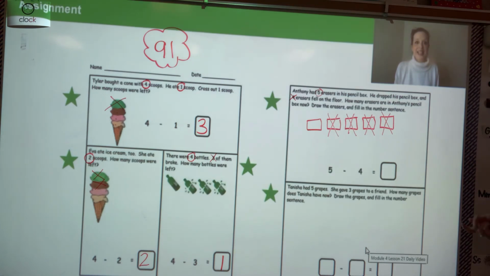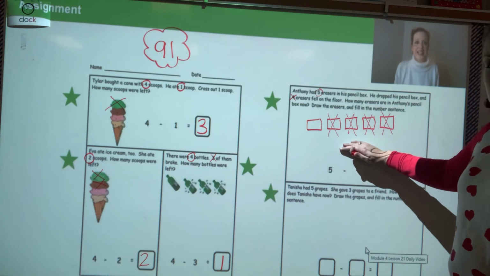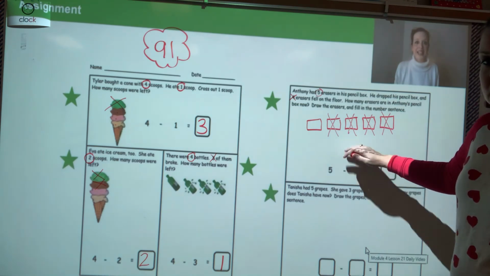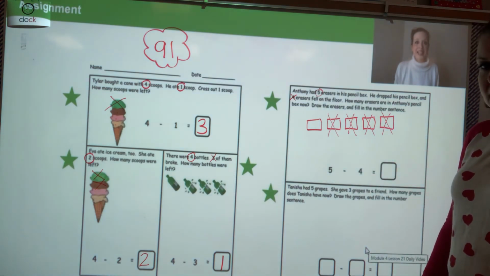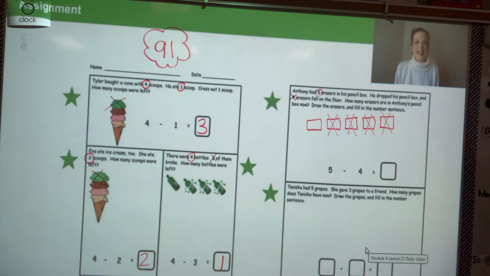Okay. Now what? Where do I go from here? I had 5 erasers and I dropped 4. What does that tell me? What is my picture saying? Estelle, what's my picture saying? What do I do now?